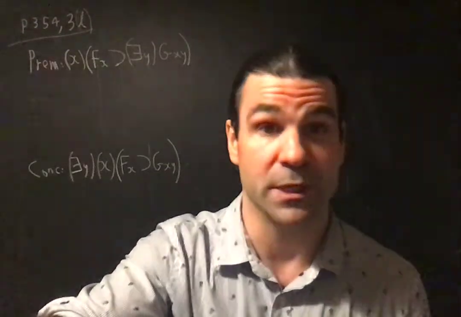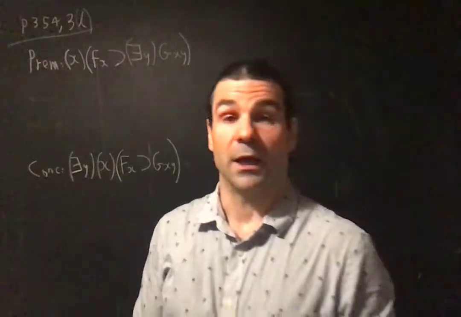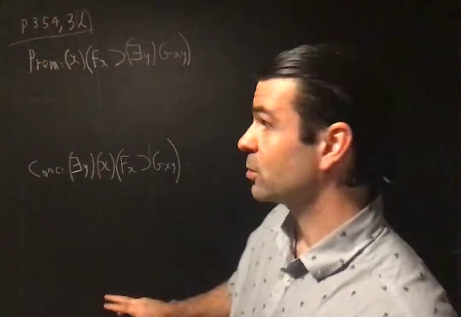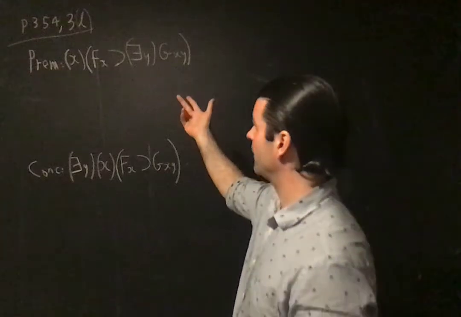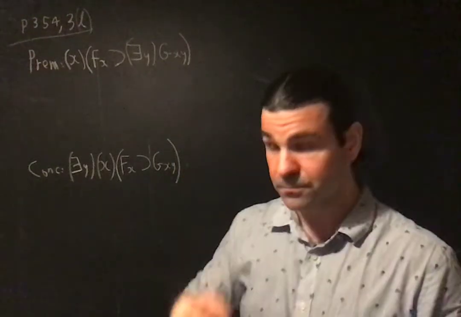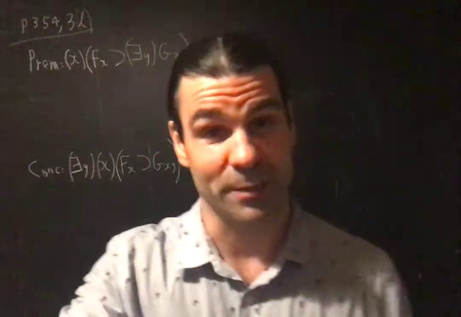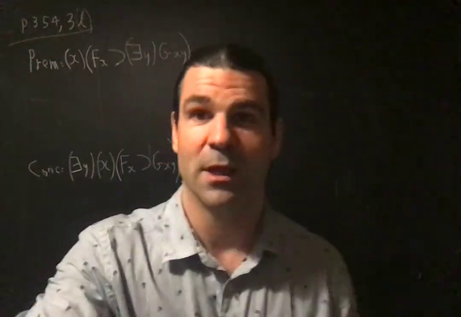Okay, so we do the same thing here. It's just a little more complicated because you've got multiple quantifiers, including quantifiers embedded in the middle of the formula, as it were. But the procedure is just the same, as I just quoted.